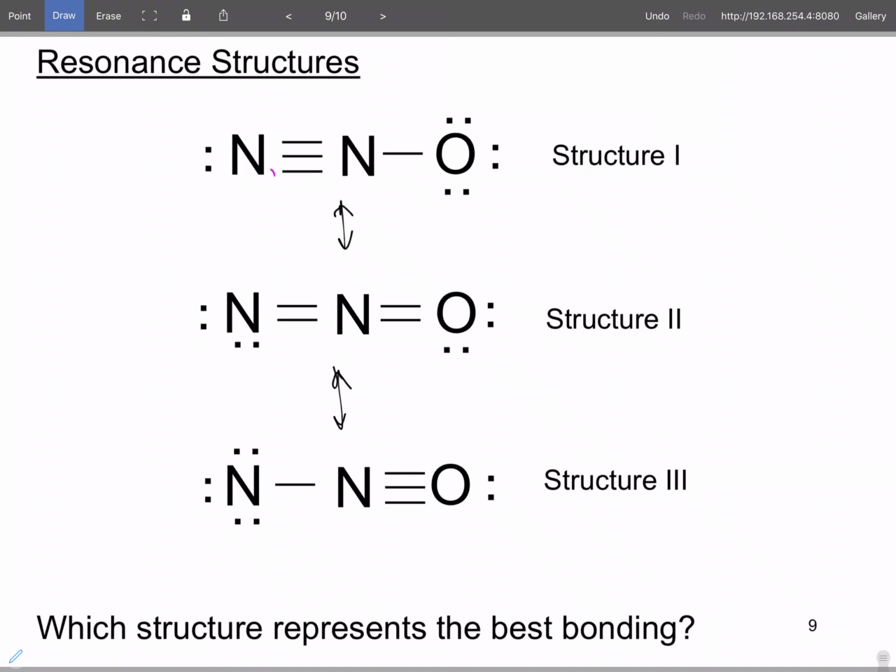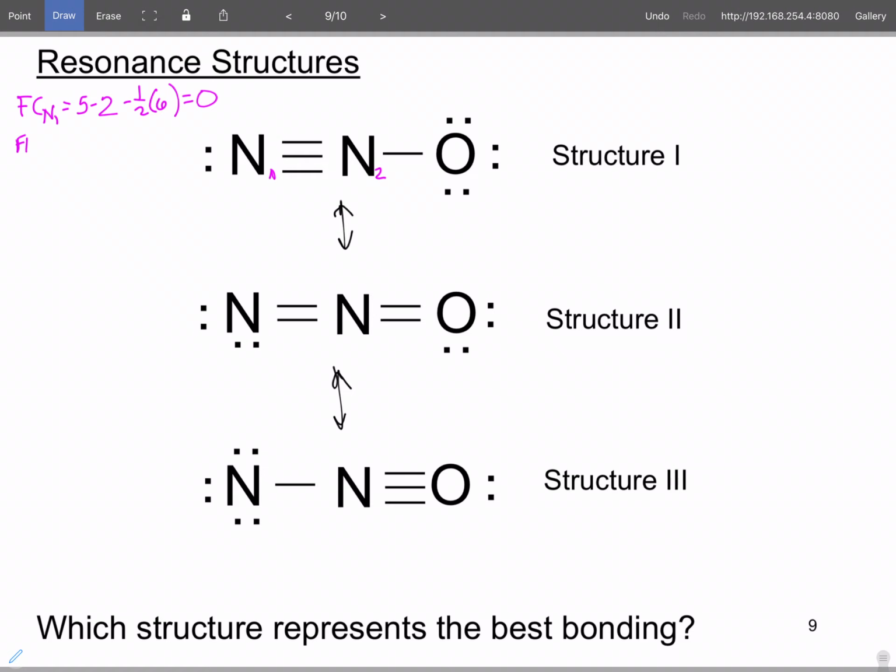So I'm going to designate this N1 and this N2. The formal charge of N1 is equal to 5 minus 2 non-bonding electrons minus half of the 6 bonded electrons. So that one's got a charge of 0.